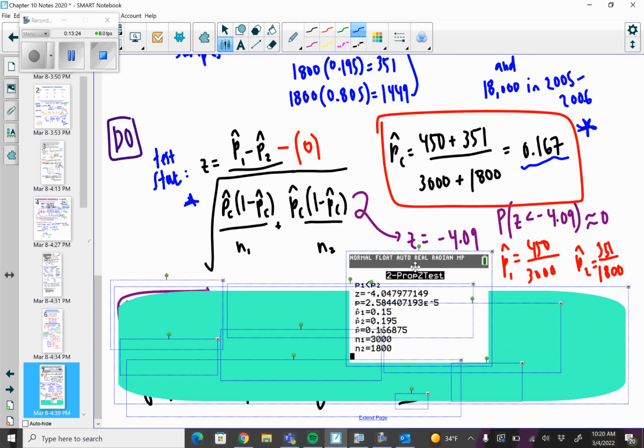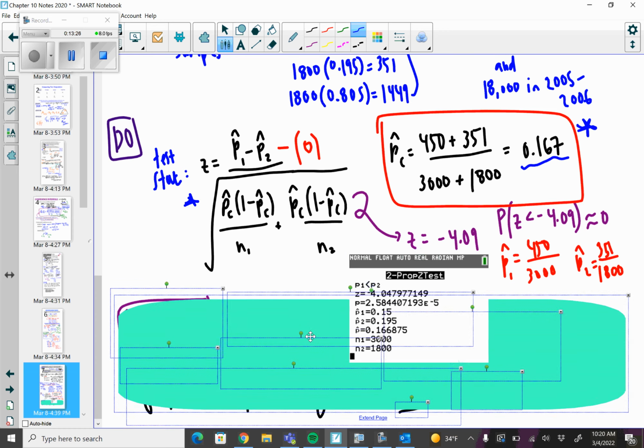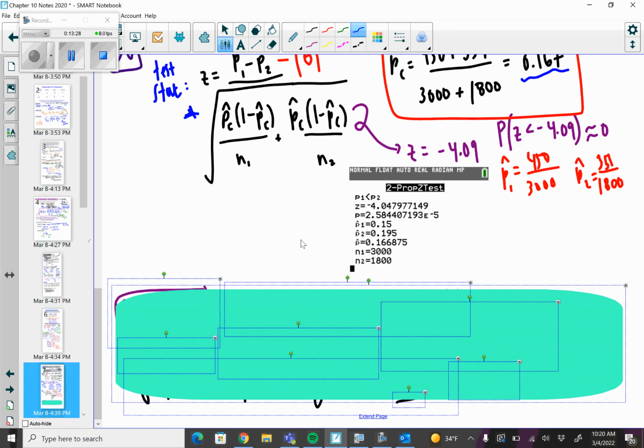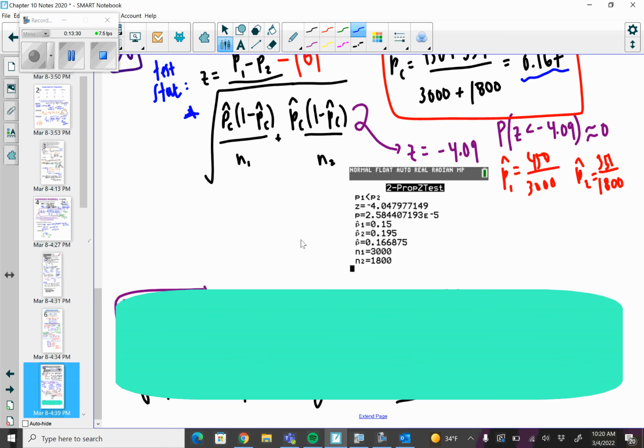So if we see, we are given that our z test statistic is negative 4.04, which I had calculated here as well. So then we're finding the probability that z is less than that thing because of our alternate hypothesis. And look at our p-value.